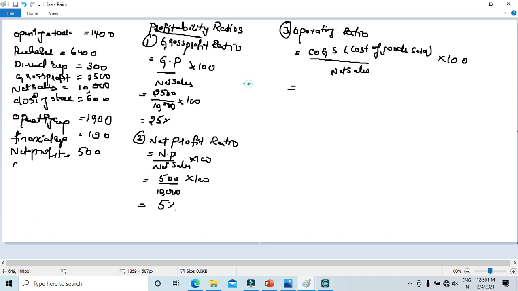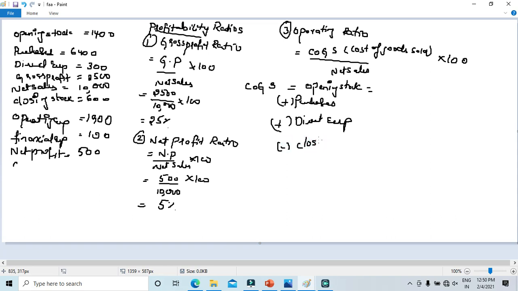How we calculate COGS is: you take opening stock, plus purchases, plus any direct expenses, minus closing stock. This is how you calculate the COGS, cost of goods sold.